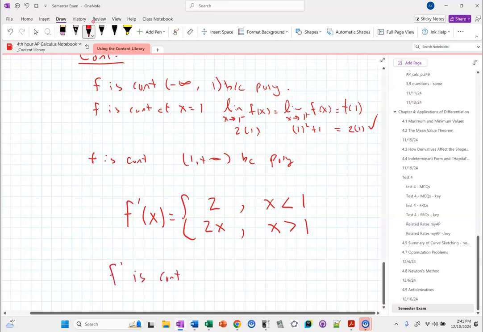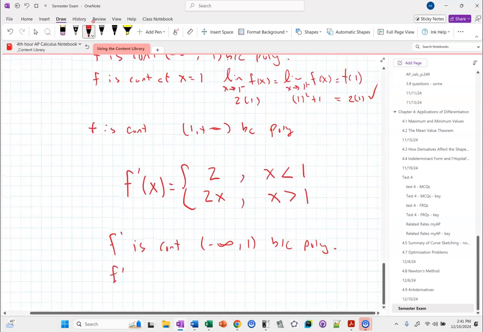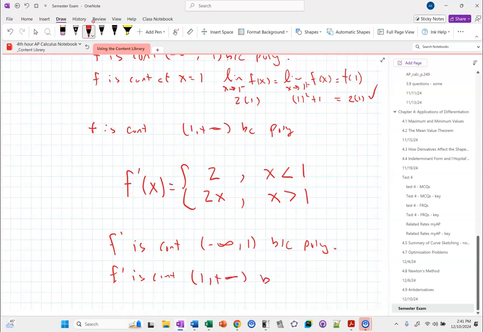I know that this is continuous from negative infinity to 1 because it's polynomial, and continuous from 1 to positive infinity because it's polynomial.